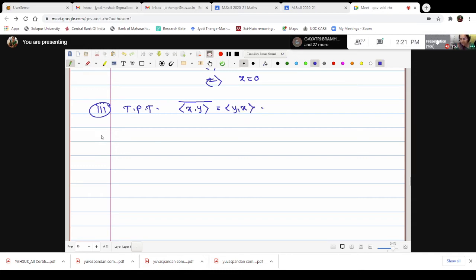Therefore, first we will write the definition: 4 times inner product xy is equal to norm square of x plus y minus norm square of x minus y plus i times norm square of x plus iy minus i times norm square of x minus iy. Now what we will do, we will take the complex conjugate on both sides and check whether it gives us the value inner product y with x.